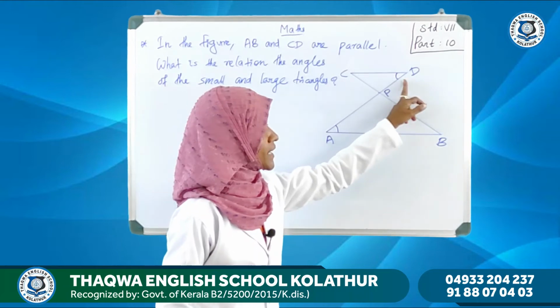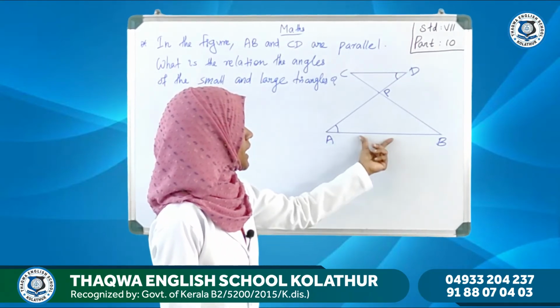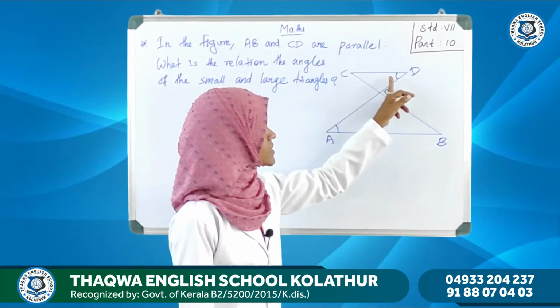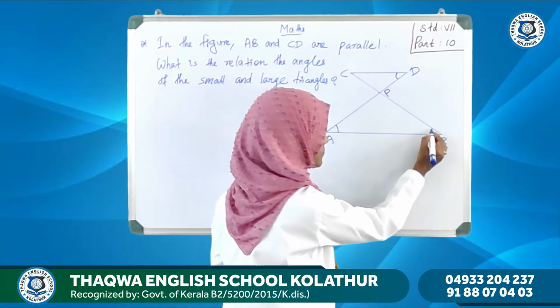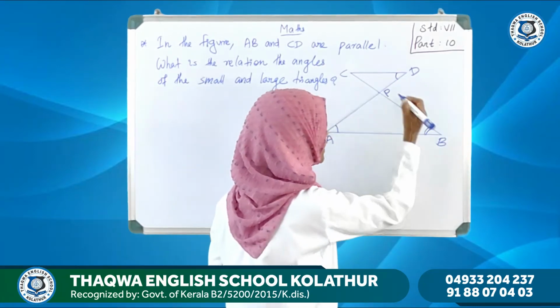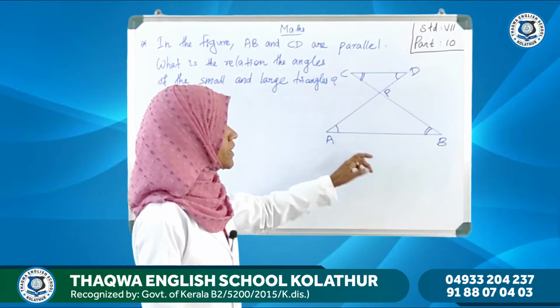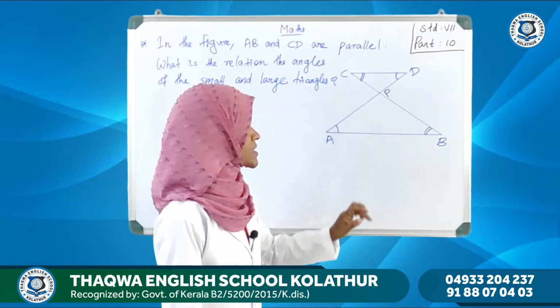Angle A and angle D are alternate angles. Since AB and CD are parallel, angle A equals angle D. They are the alternate angles. And also angle B equals angle C. Reason? Okay, they are the alternate angles.